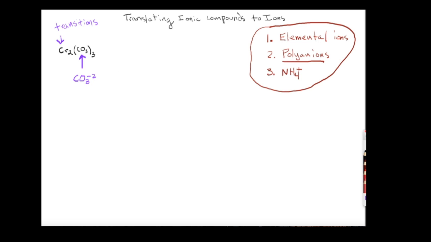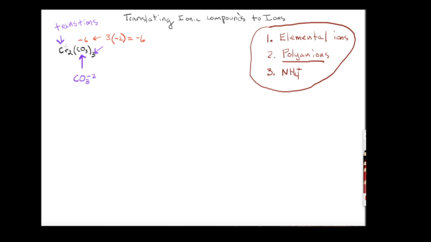Now, you have to pay attention to the fact that there is a 3 subscript right here, which means that there are 3 carbonates inside this parentheses for a grand total of minus 6, right? Where I got that number from was the fact that there are 3 carbonates and each one is worth minus 2. So the total is minus 6.